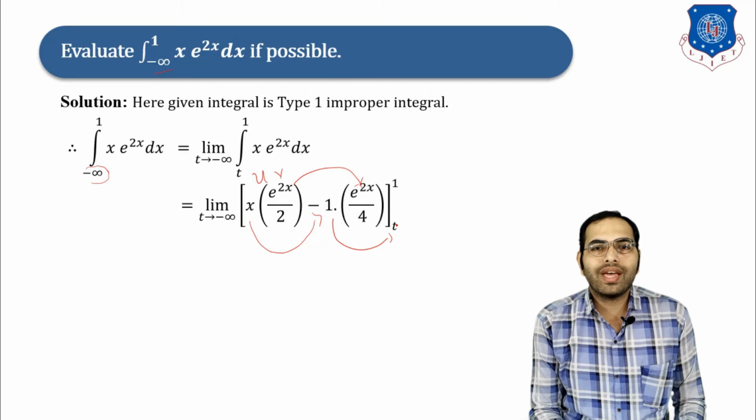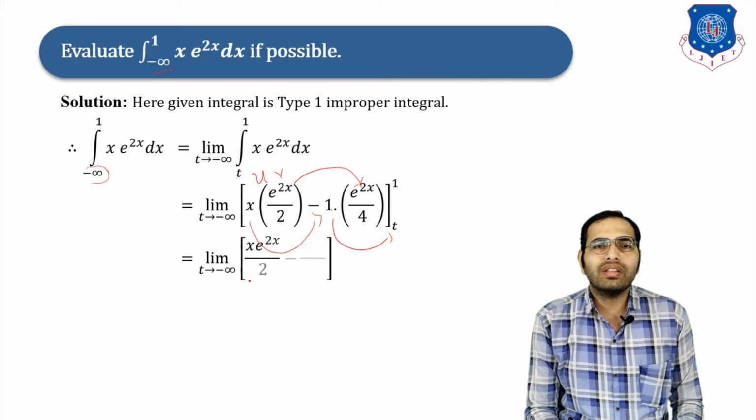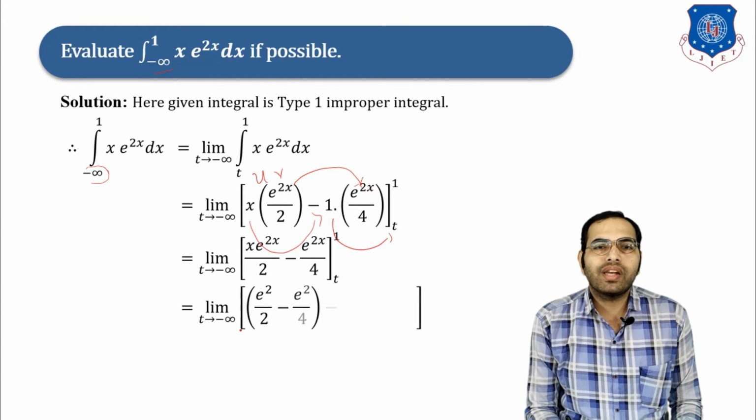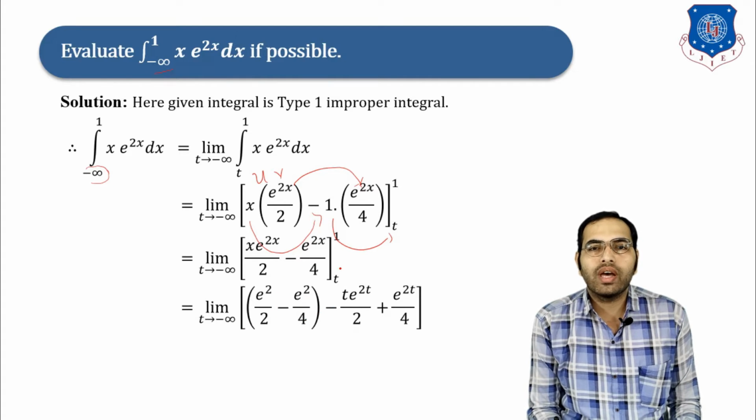Now x varies from t to 1, limit t tends to minus infinity, of x e raised to 2x by 2 minus e raised to 2x by 4. Then applying the limits, limit t tends to minus infinity, x replaced with 1 gives e square by 2 minus e square by 4, minus x replaced with t, that is t e raised to 2t by 2 minus e raised to 2t by 4.